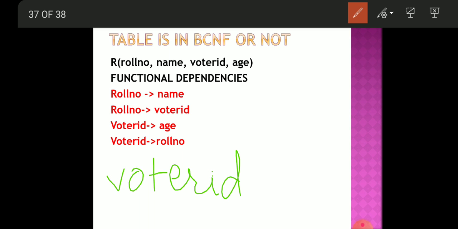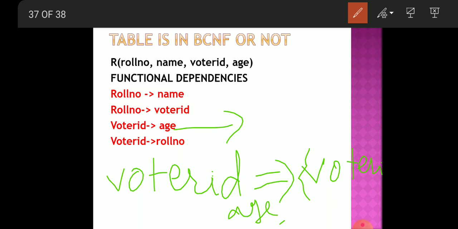You can check by the closure property that it is exactly a candidate key or not. With the help of voter ID, we can find out voter ID due to the reflexivity property, and with the help of this functional dependency we can find out age, and with the last functional dependency we can find out roll number, and if we have roll number, then we can find out name. So we can find out all the attributes with the help of voter ID.